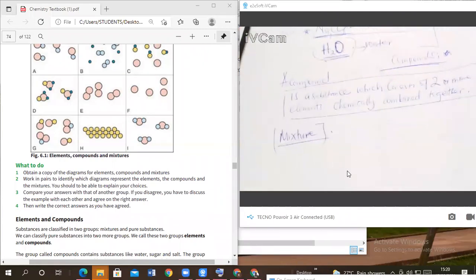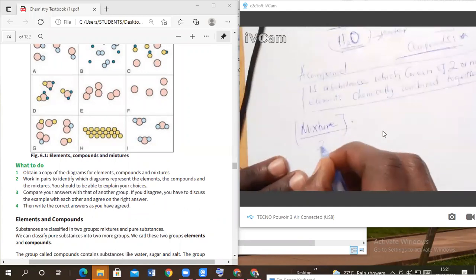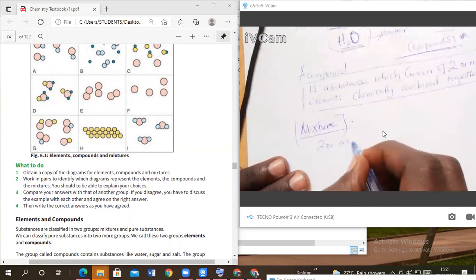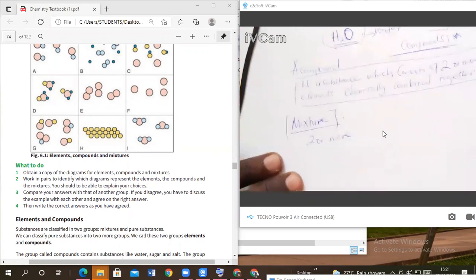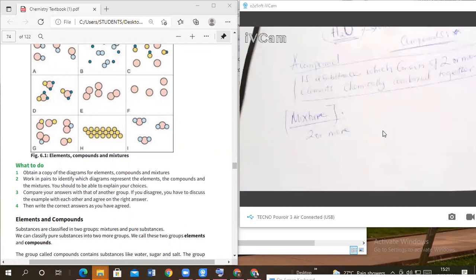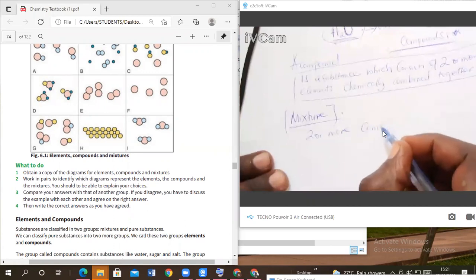Yes. A mixture is a combination of two or more elements. Is it elements or this time a compound? Compound. Two or more compounds.